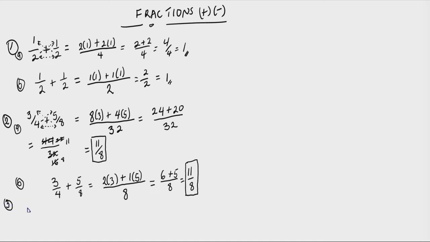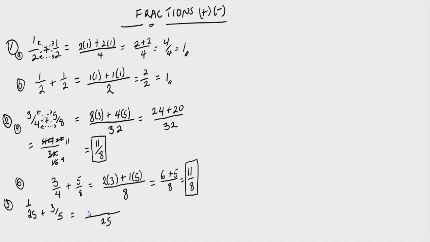So going to go for a third example, and let's see, 1 over 25 plus 3 divided by 5. And here the lowest common multiple is 25. This is 25.